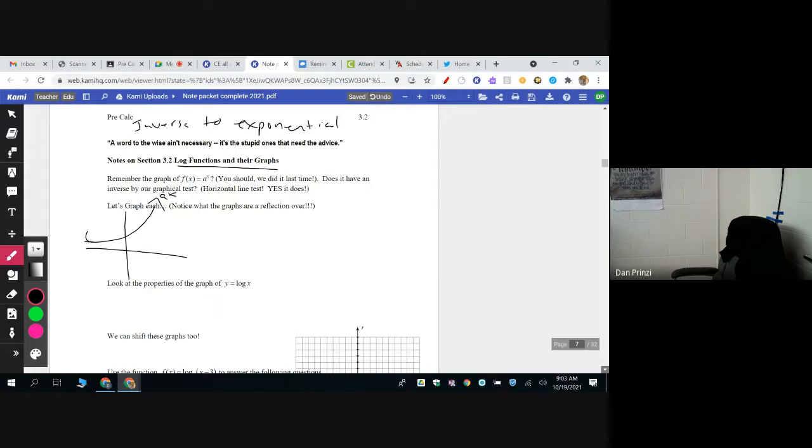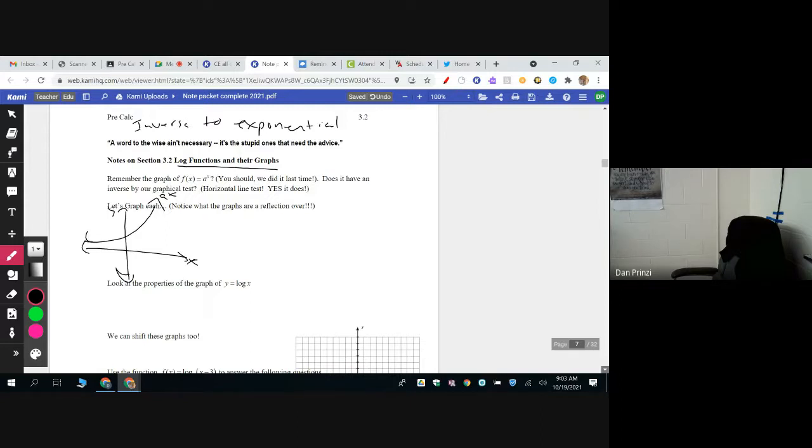Does anyone remember what a log graph looks like from last year? You probably didn't do it as much as a normal Algebra 2 year because of COVID and the hybrid stuff. But does anyone remember what a log graph looks like? Rachel, I know I did it with you. David?